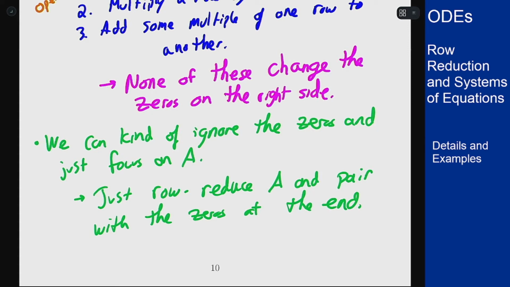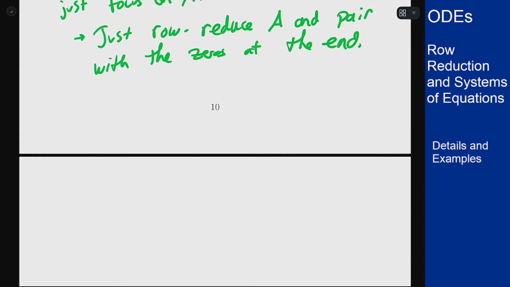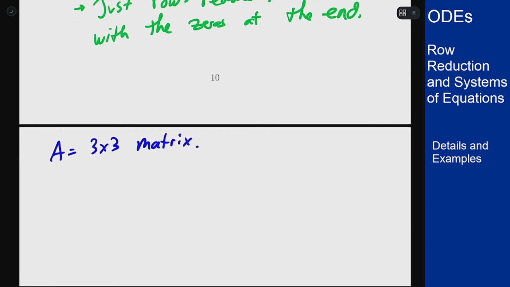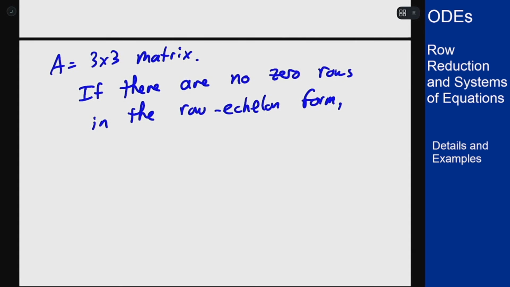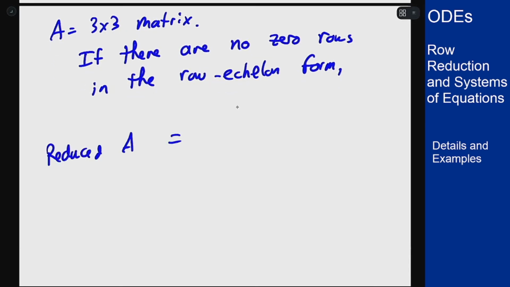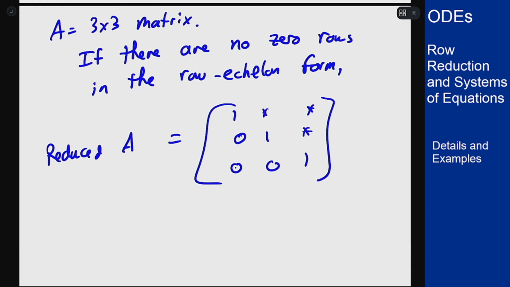There are only really a few results for what can happen here. Say we start with a 3 by 3. Basically, the options are we get a row of zeros at the bottom, or we don't. If there are no 0 rows in the row echelon form, then when we reduce A, it will look something like 1, number, number; 0, 1, number; 0, 0, 1, because there are no other options.